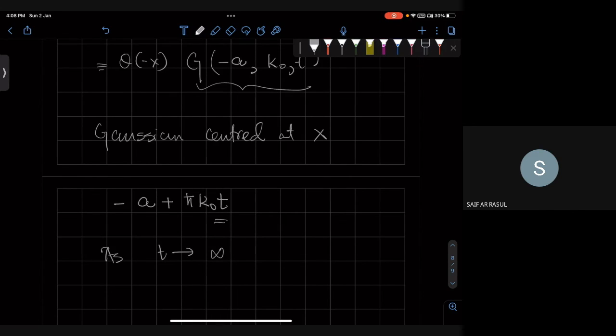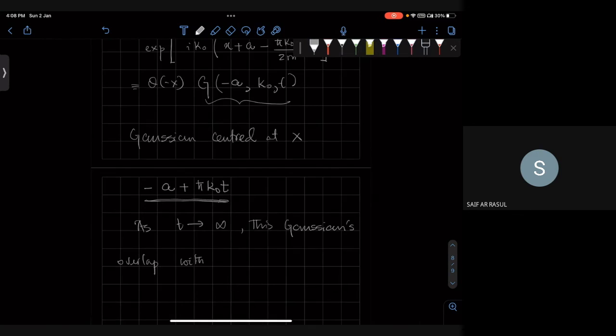So as t goes to infinity, this Gaussian's overlap with the theta minus x factor goes to 0, right?